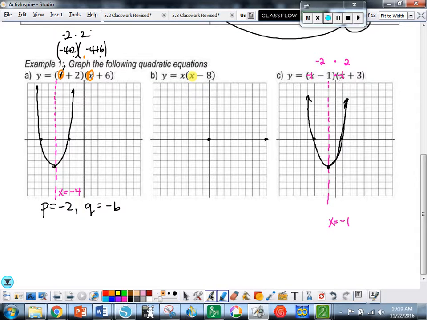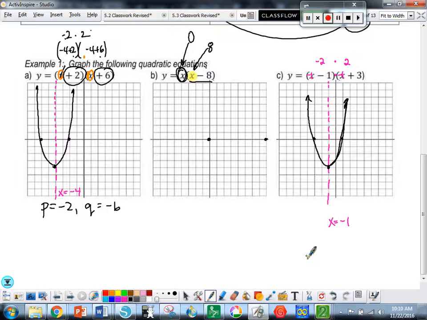Well, if I plugged in 8 right there, would this grouping be 0? Yeah. That's one of them then. Now what could I plug in right here to make this grouping 0? Well, it's just a single term, right? So it would be 0. So that's my P and my Q. You look at each grouping, what could I plug in to make them 0? Which is the same thing as saying, what's the opposite of this? What's the opposite of this? Is that okay?